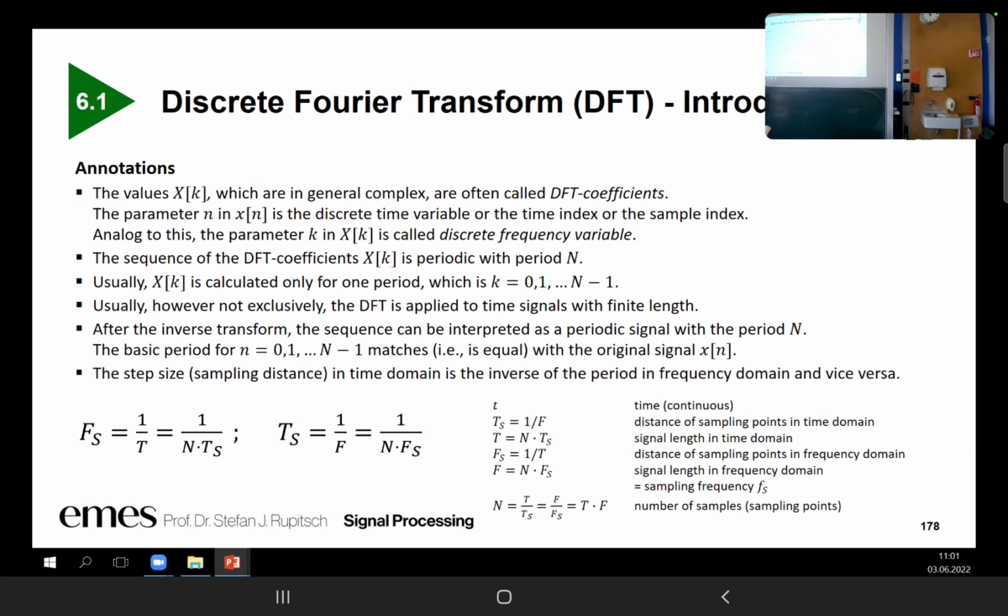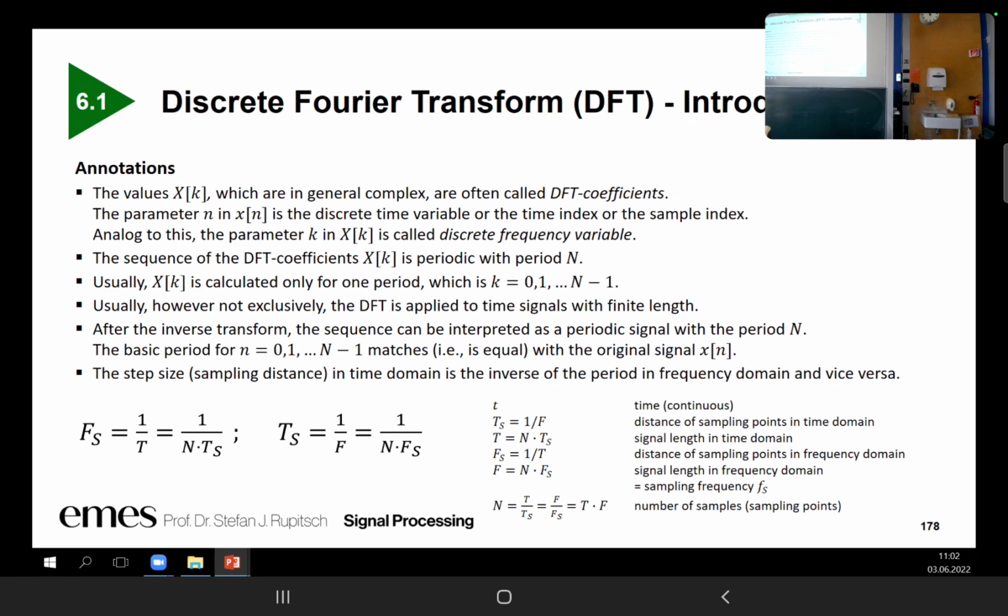Therefore it's sufficient to calculate this for one period. We can limit this summation from 0 to N minus 1. We do not have to consider the whole signal because it's repeated periodically. After the inverse transform, the sequence can be interpreted as a periodic signal with the period N. I think all these things written down here are very easy to understand.